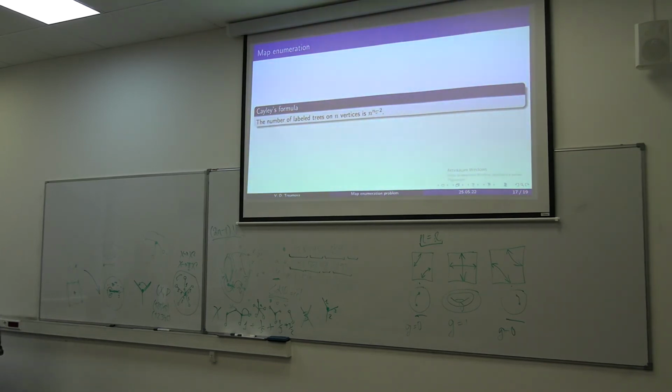The next simple example will be Cayley's formula. Maybe you also know it, that the number of labeled trees on n vertices is equal to n to the power n minus 2. The proof is by Prüfer's encoding.